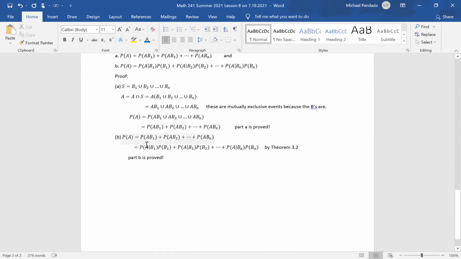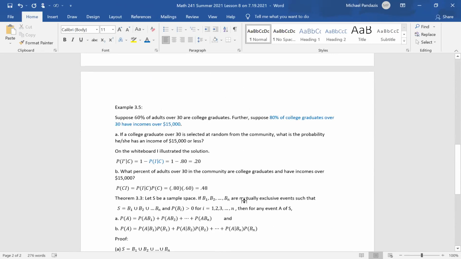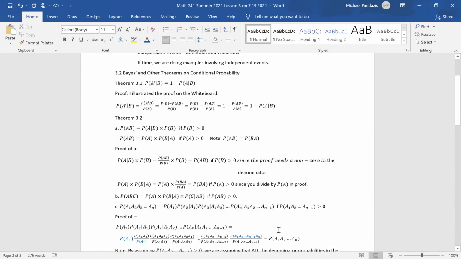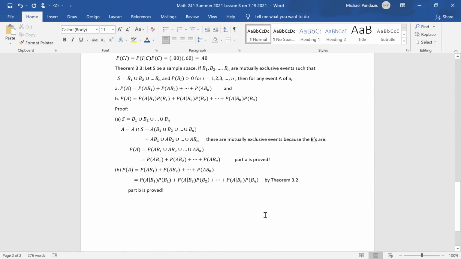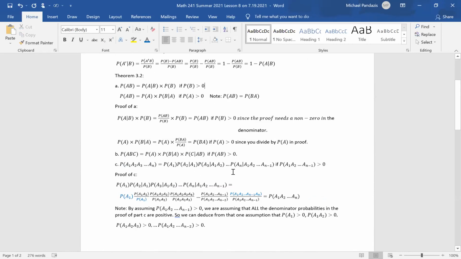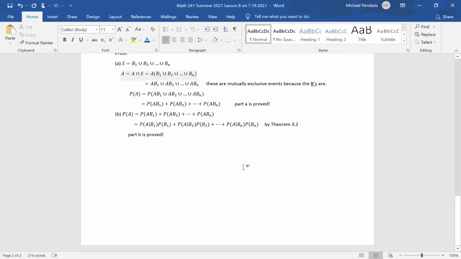Probability of AB1 is probability of A given B1 times probability of B1, and so on. That's what's happening here. That's if that probability is positive, right? Okay. And we're given that the P of Bi's are positive, right? P of B1 is positive, P of B2 is positive, and so forth. And so here the probabilities of the Bi's are positive, and so we have this condition in order to apply that.